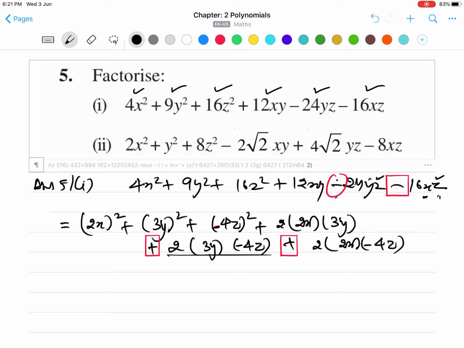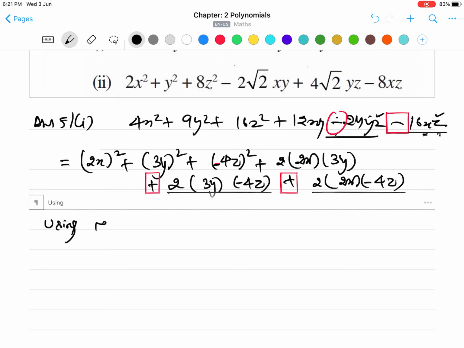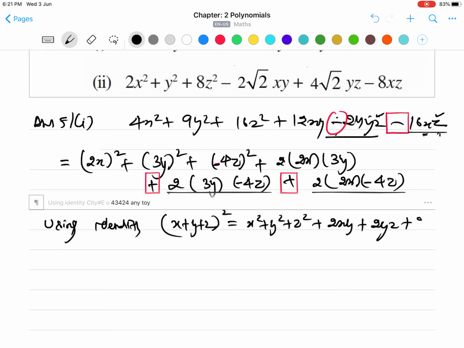Only then will this satisfy, because now when you multiply this you again get minus 24yz, and similarly from here you will get minus 16xz. Now we'll write using the identity. We'll use (x plus y plus z) whole square equals x square plus y square plus z square plus 2xy plus 2yz plus 2zx.